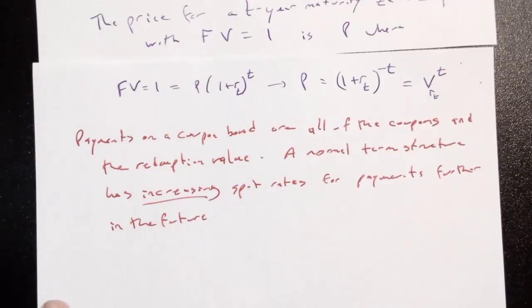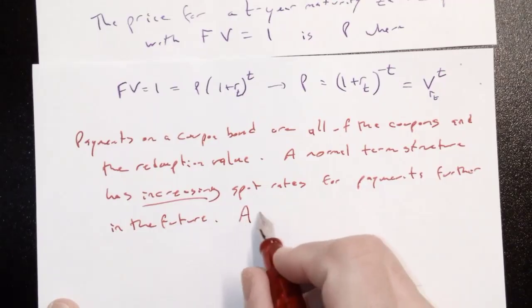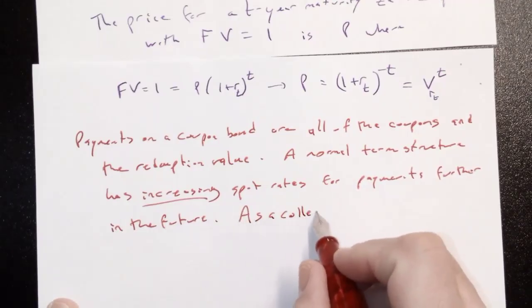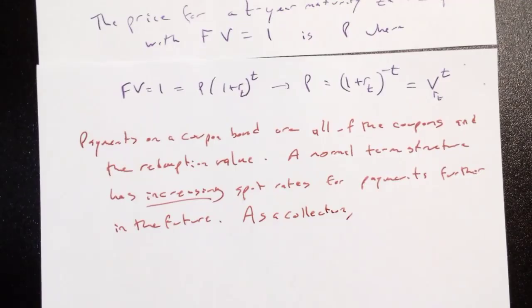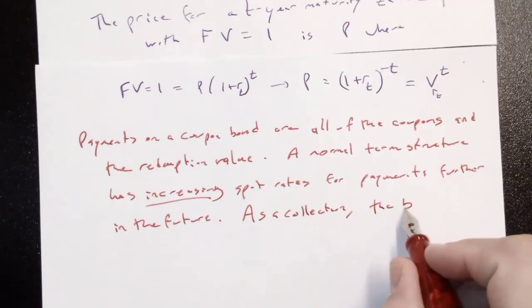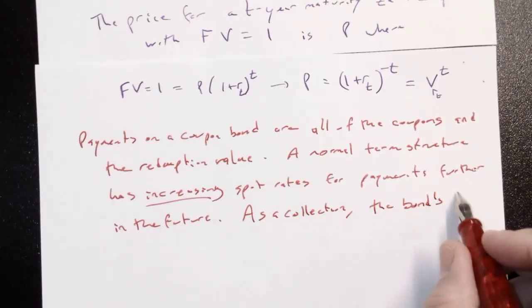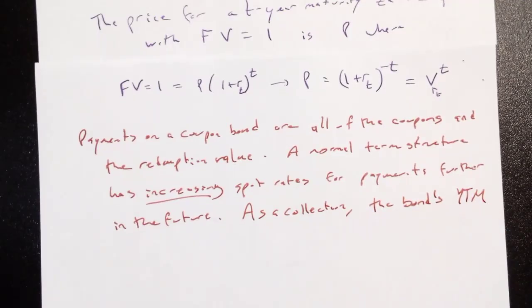But if I think of this as a collection of payments, I'm going to end up with a mix of all these different spot rates. The yield to maturity isn't just one number. It's a mixture of all of these rates.